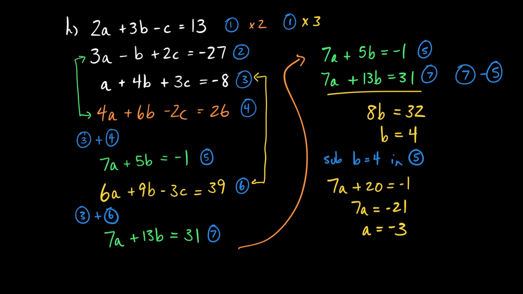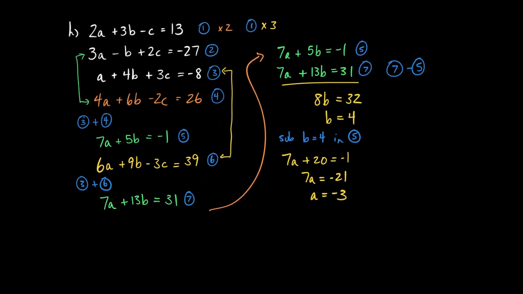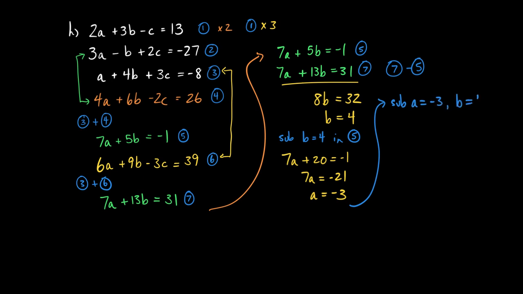So I'm going to slide that over a little bit, because we can now take two variables' values and sub in both an a value of -3 and a b value of 4 into one of my originals. One of my originals now is going all the way back to the system that we were given, equations 1, 2, or 3. If I take a quick peek at that, I think I would want to sub back into 3, again just because the numbers seem smaller.